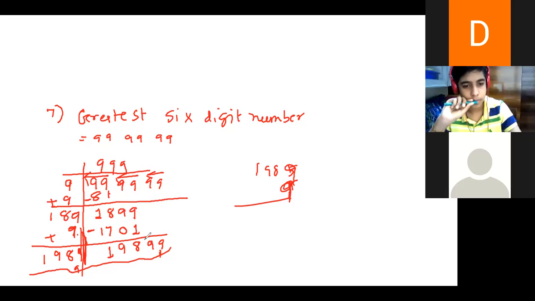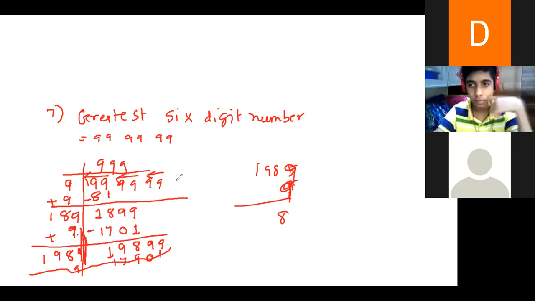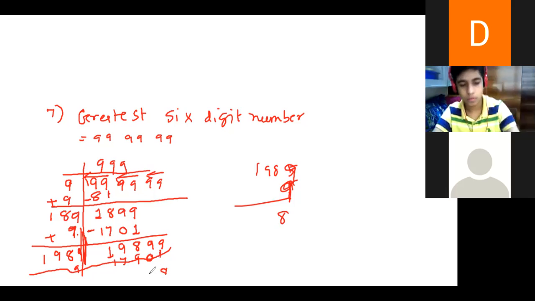Carry 8. 9 into 8, 72, and 8 is 80. Carry 8. 9 into 9, 81, and 8 is 89. Carry 8. 9 and 8, 17. 9 minus 1, 8. 18 minus 9 is 9. This will be 8 minus 7.